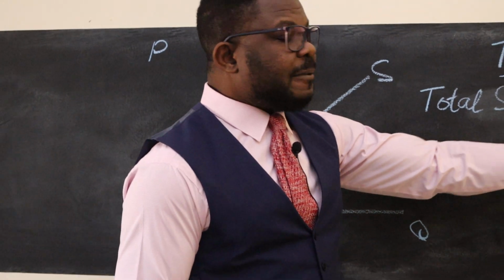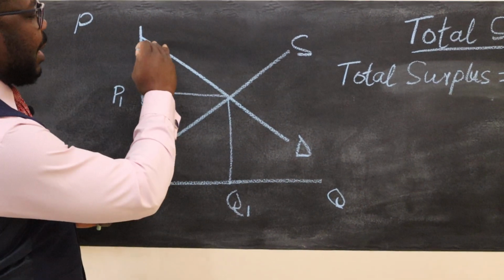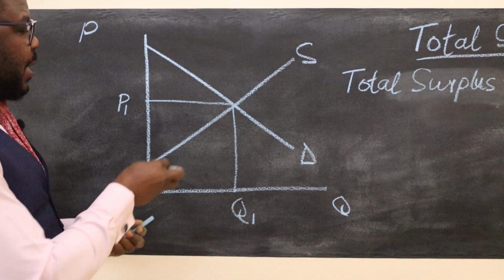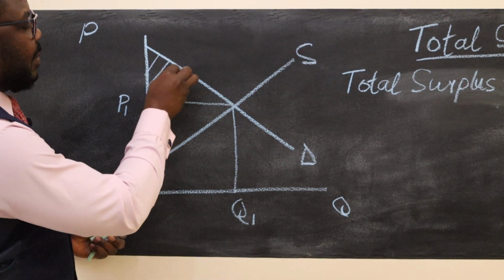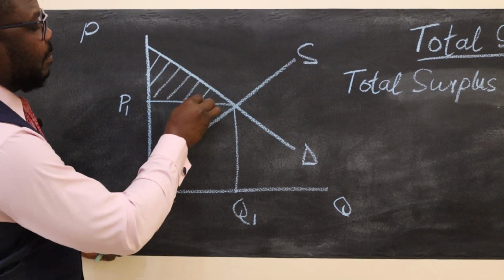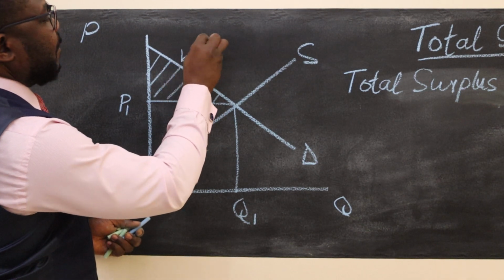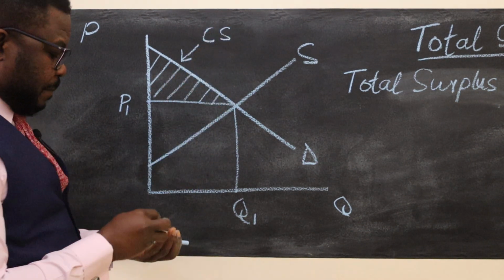Consumer surplus, CS, is the area below the demand curve and above the price line. So this is your consumer surplus.